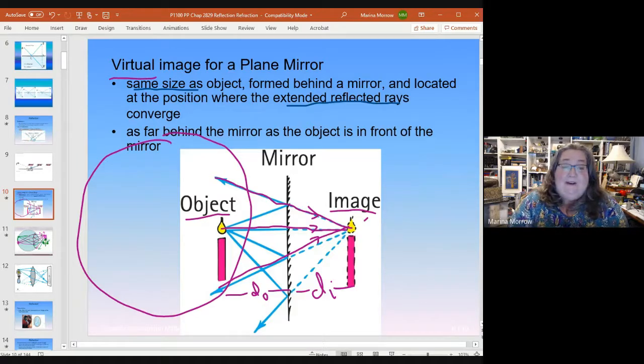This light was reflected off the mirror. It never actually was back behind the mirror. So that's what makes it virtual. A real image has light that passes through it. Okay, so a flat mirror or plane mirror gives you an image size that is the same as the object, and the image distance is the same as the object distance.